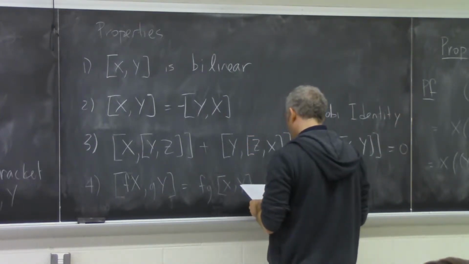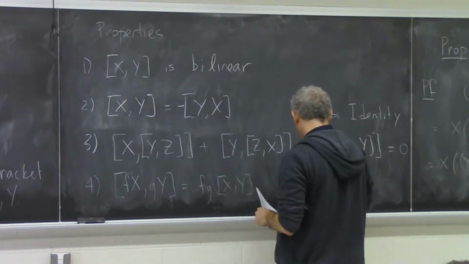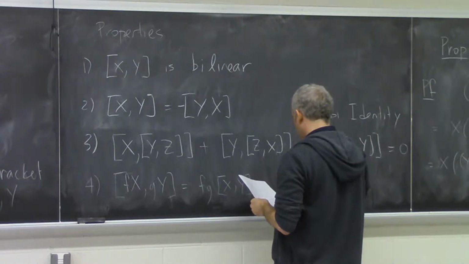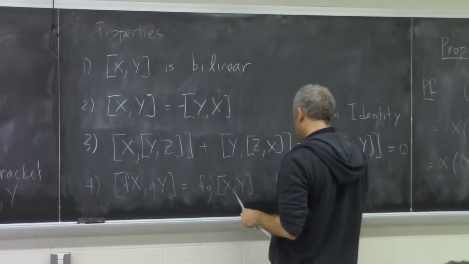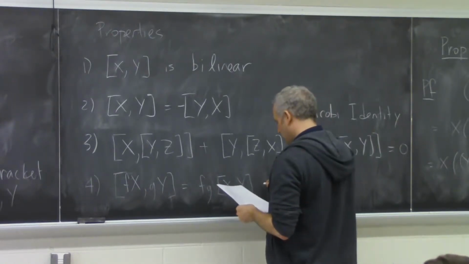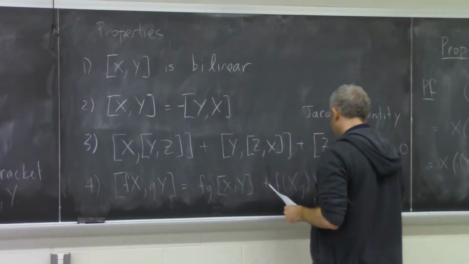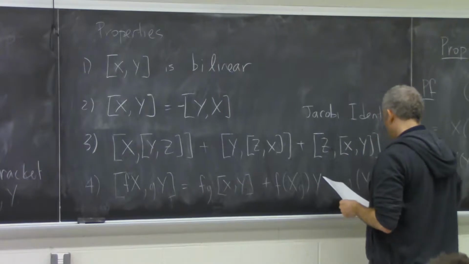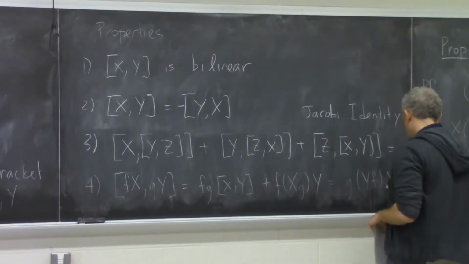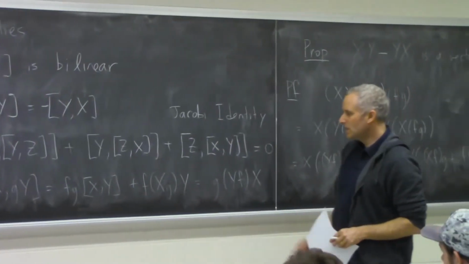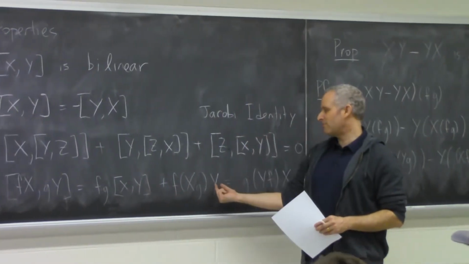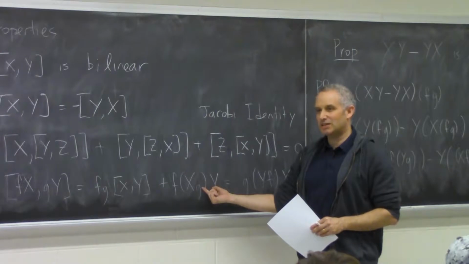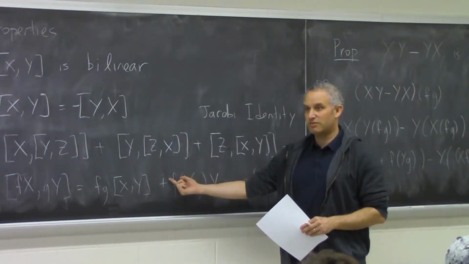And so the remaining term is x acting on g times, and the result has to be a vector field, right? So it's plus and then y. And then we have g and then y acting on f times x. So we can pull them out, but we get some function times y involving the derivatives of g with respect to x and just f itself.